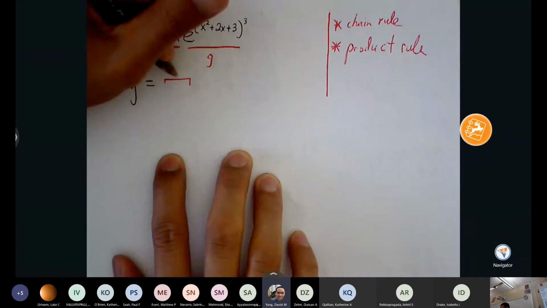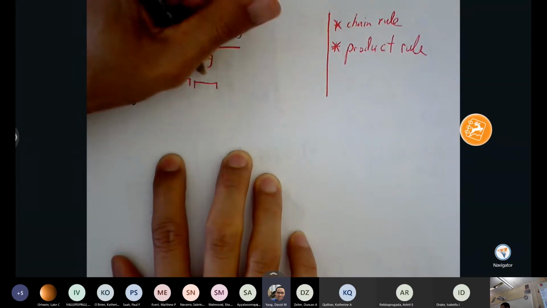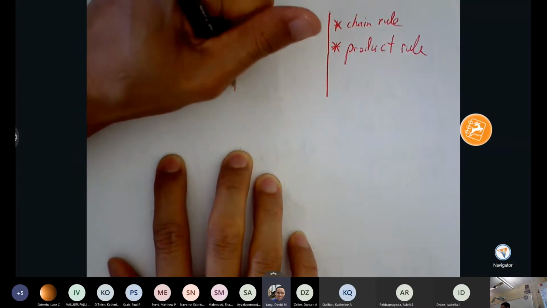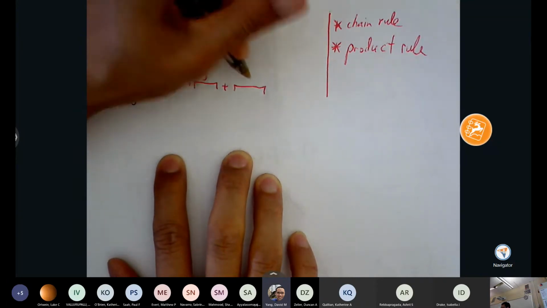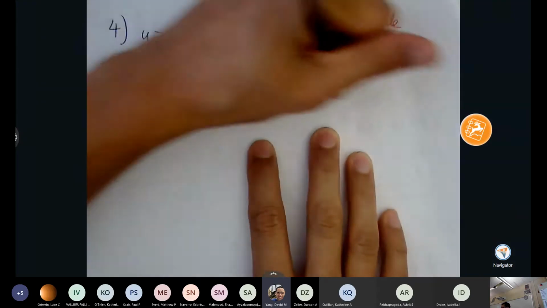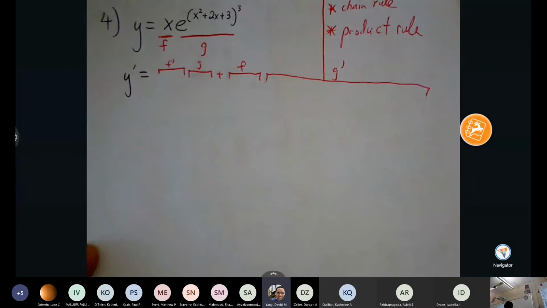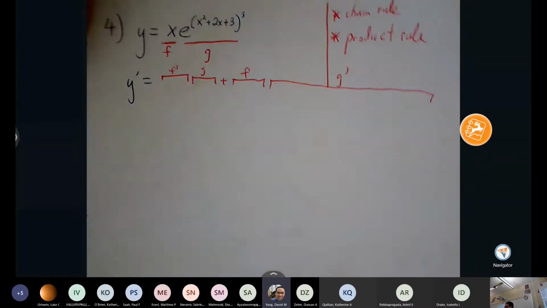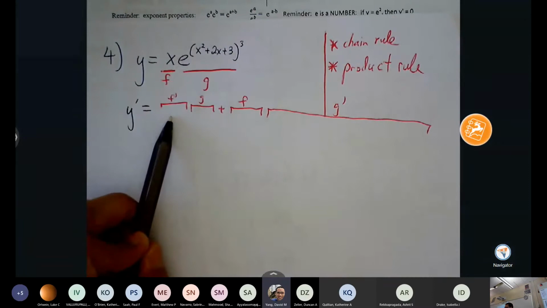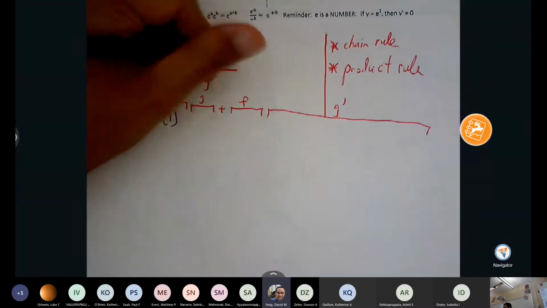All right, so let me label here: f prime times g plus f, leave some room for g prime here. Okay, f prime. G, no changes.